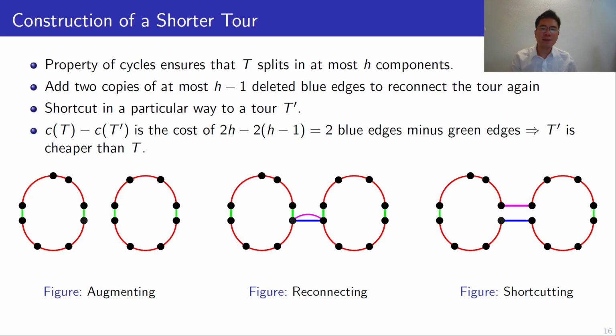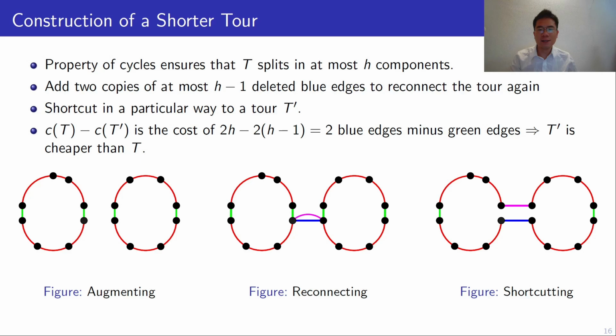So let's start with the first property. For that, we assume now for simplicity that every blue edge has the same cost. Then T contains 2H blue edges, and T prime contains at most 2 times H-1 blue edges, since we added at most 2 H-1 deleted blue edges and 2 copies of them.